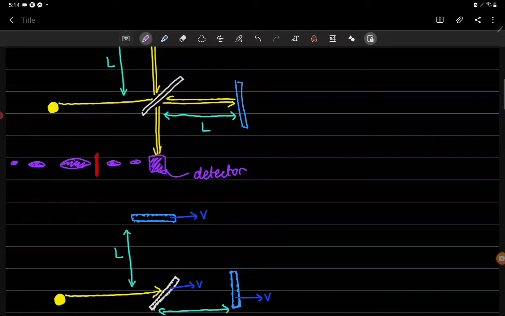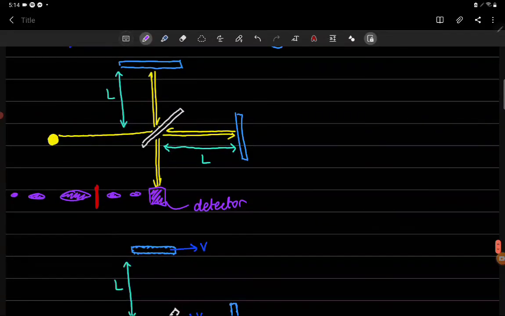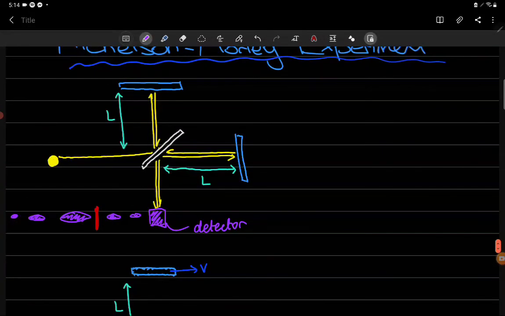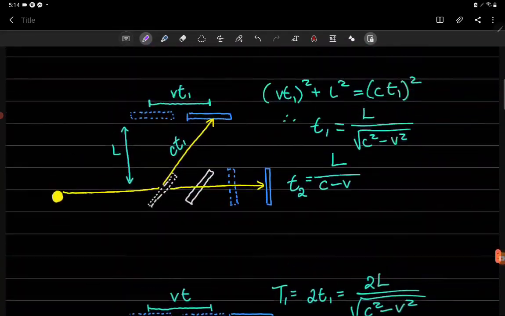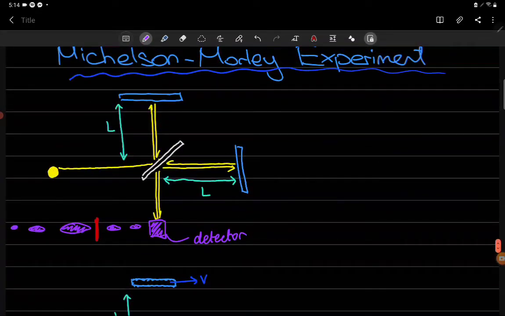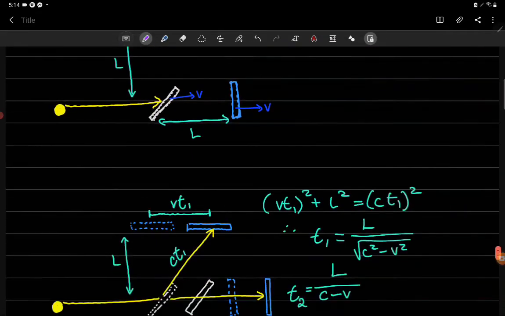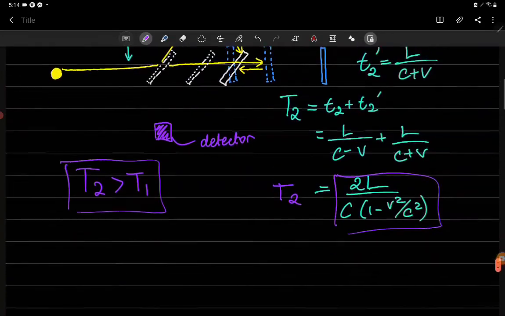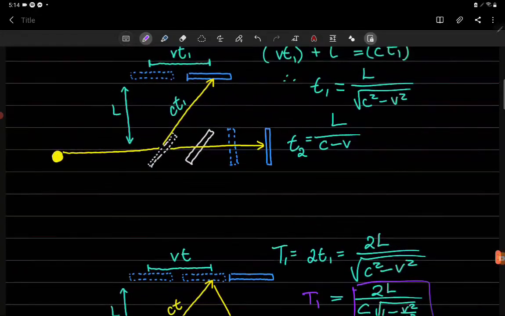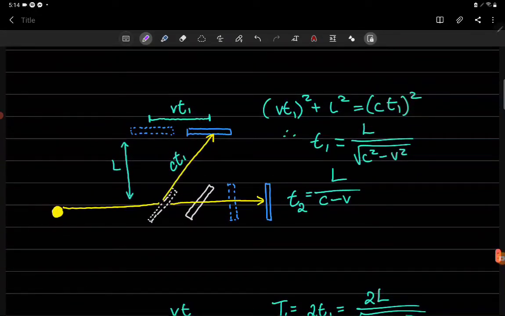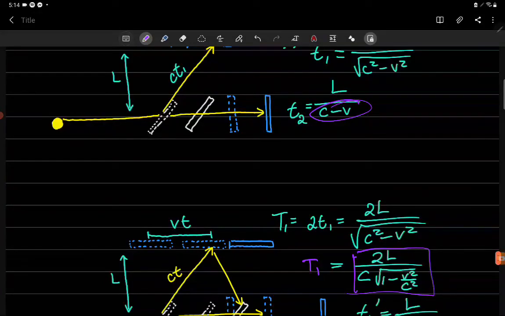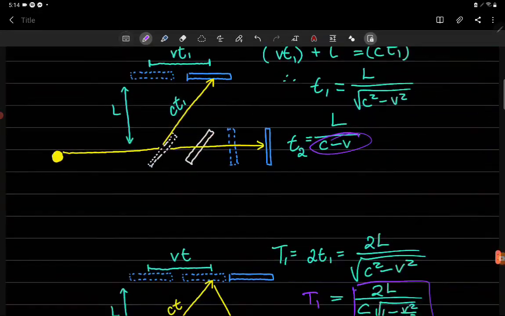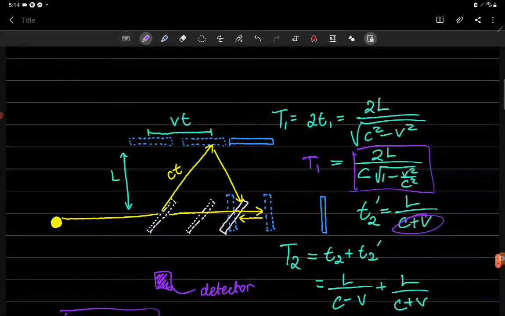In fact, what this proved, what is called a null result, because nothing that he predicted actually happened, a null result proved that the speed of light was in fact constant relative to all frames of reference, as opposed to what he assumed, which was that the speed of light changed depending on whether you were moving or stationary, which is what we assumed when we did all of these derivations here, when we did c minus v, and also when we did c plus v down here.